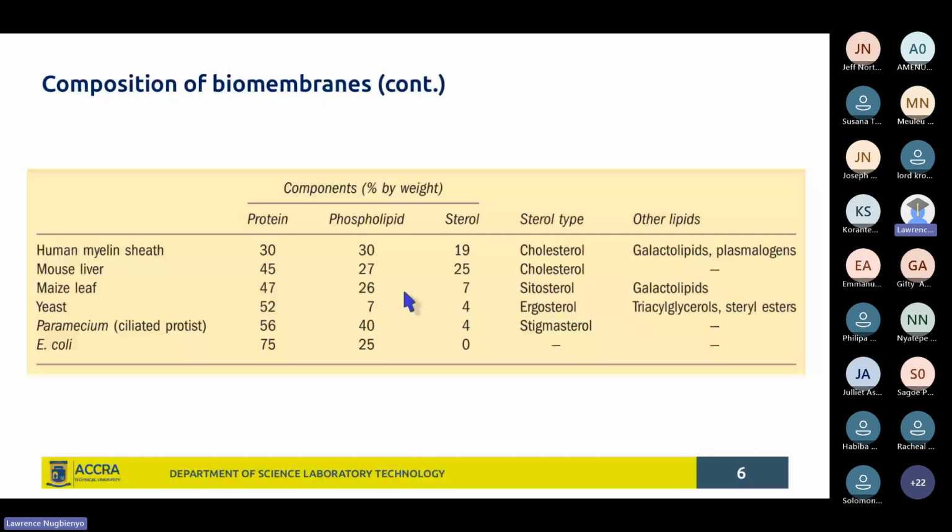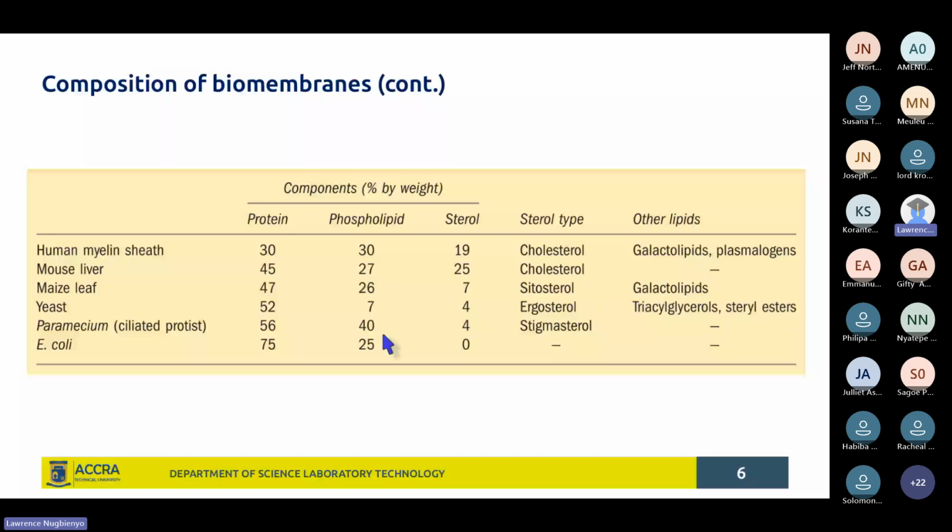Phospholipids are lesser in there, and sterols are much lesser, which is to say that you have less amount of lipids in the maize leaf, more amount of proteins in there, phospholipids a little bit less than what you find in mice. And you see these things throughout, that you have different compositions.